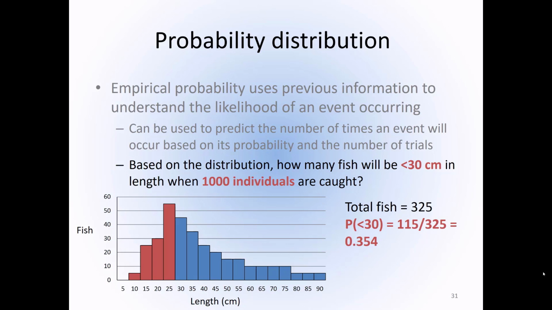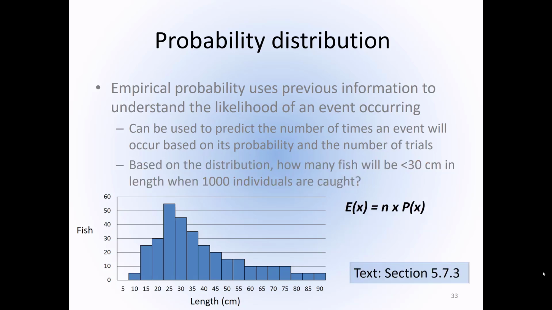In this case, this leads to 35.4%. So we can then multiply this out by the total number of fish that we're interested in sampling, and we see that 354 fish would be expected to be caught less than 30 centimeters in total length based on our current distribution when we sample 1,000 individuals.